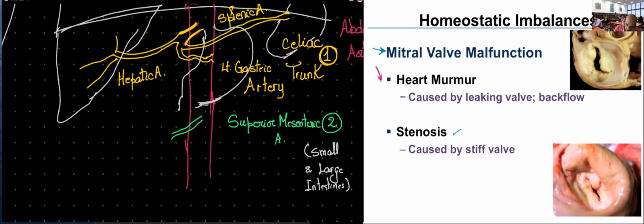Our next branch are actually two branches coming from the side, right and left sides, that will be supplying the blood to the kidneys.